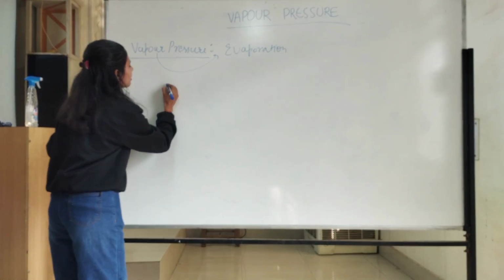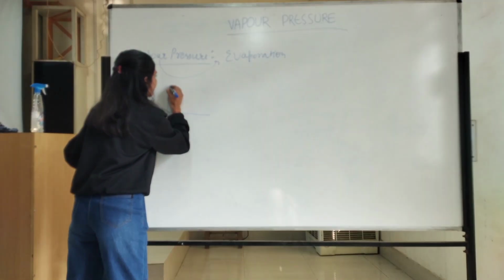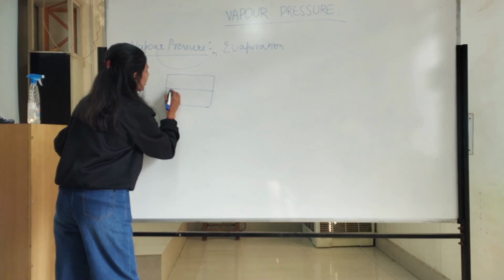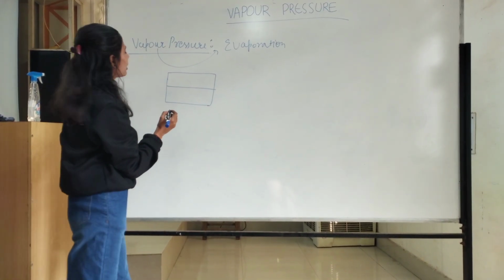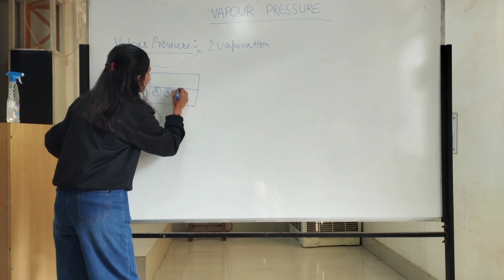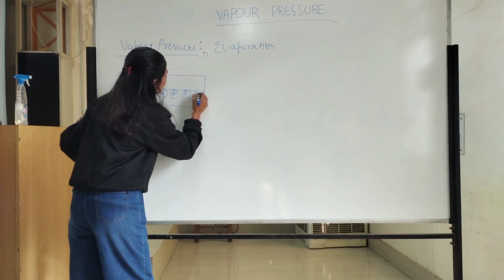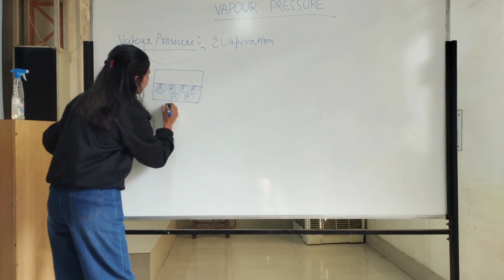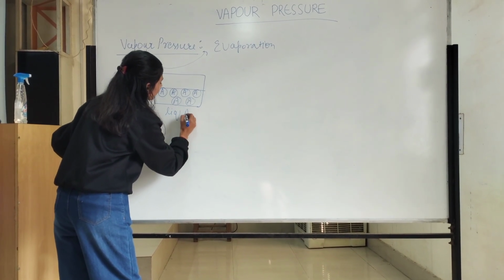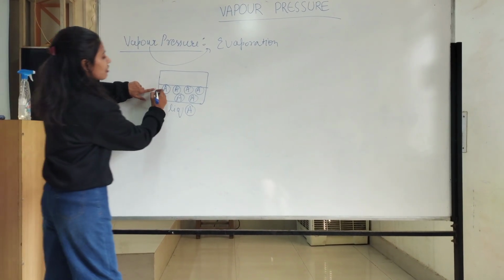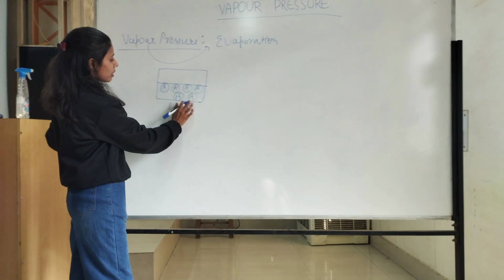So let us consider a closed container having liquid A, and the molecules of liquid can be represented as A. So these are the molecules of liquid A. So we can see that there are some surface molecules and there are some bulk molecules.